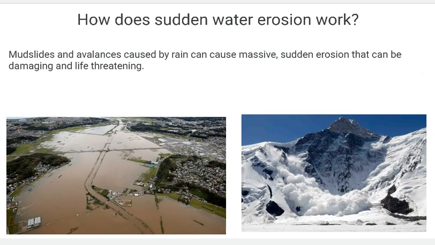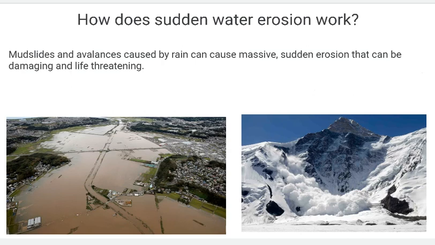Sudden water erosion sometimes is a little bit less predictable because mudslides and avalanches are usually caused by rain that can cause massive sudden erosions that can be damaging and life-threatening.